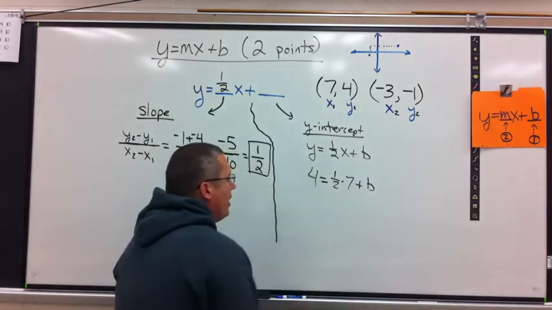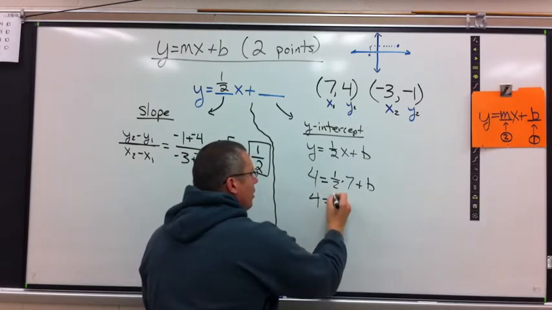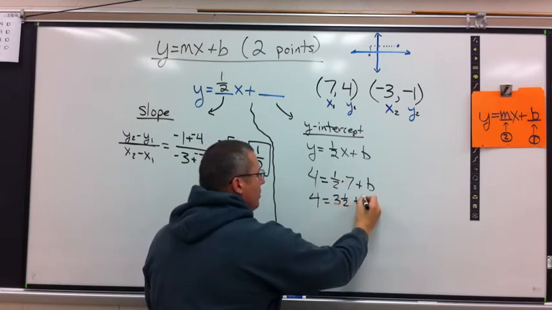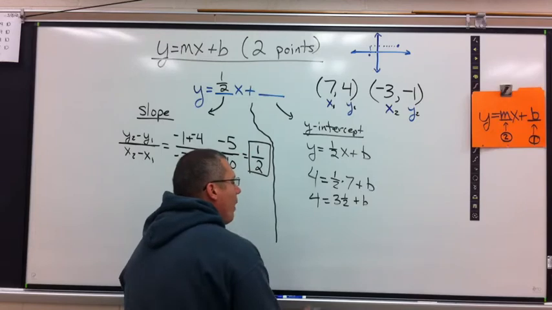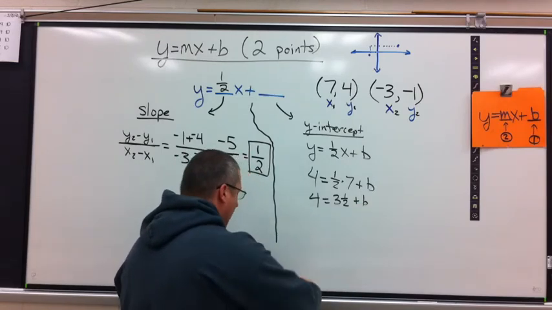Once I've substituted things in, I'm ready to solve. Order of operations: 1/2 times 7 is 3.5 plus b. I need b all by itself. How do I get rid of an added 3.5?